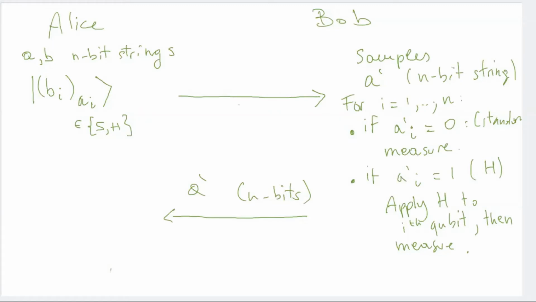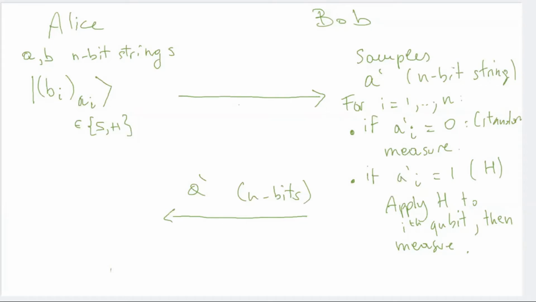Then on, say, half of this n over 2, they announce publicly their measurement outcomes. Well, Bob announces B prime. And then Alice checks that they match her original encoding. So to protect against Eve, they have to compare some values.